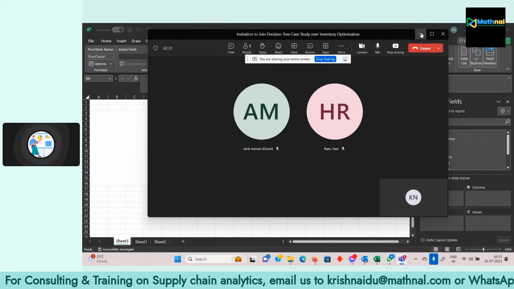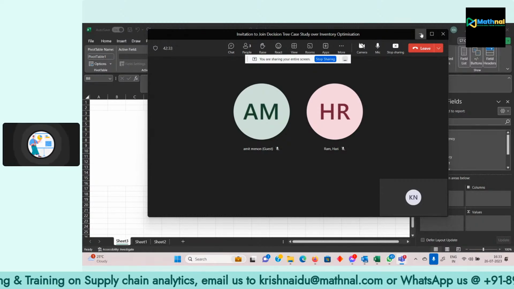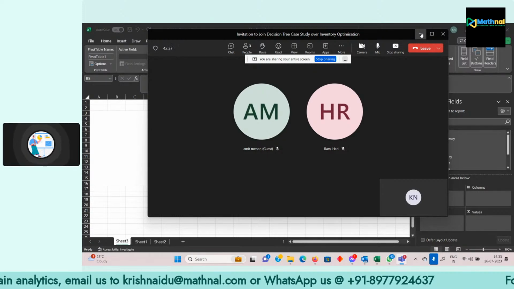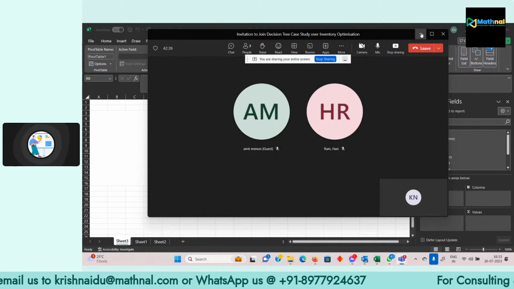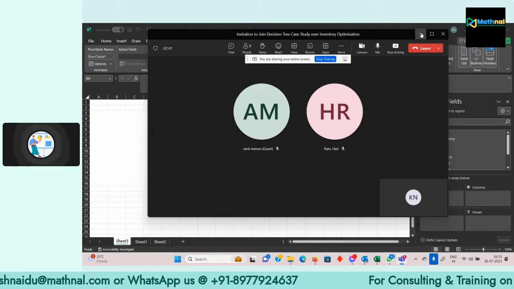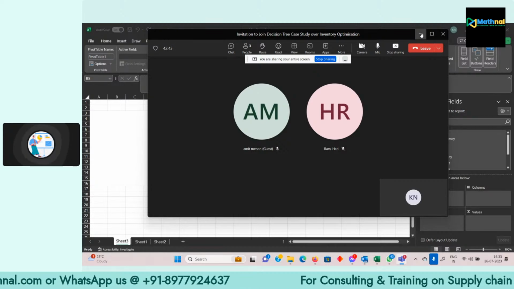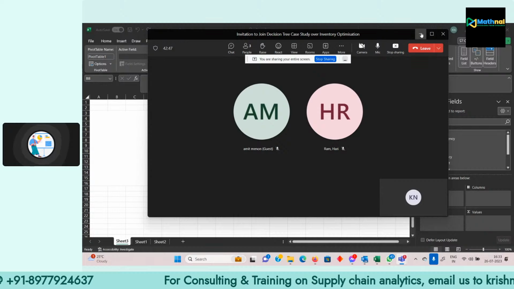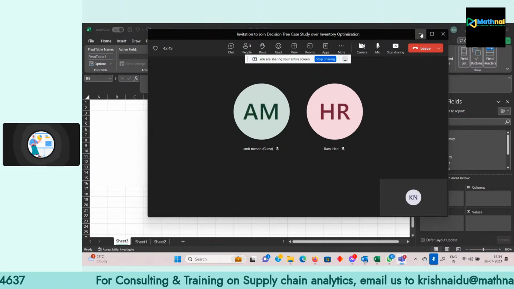Right now we are directly going into the algorithm, but in the training program we'll not directly go into the algorithms. We'll give you a structured training that will give you a lot of comfort to understand these kinds of complicated algorithms.